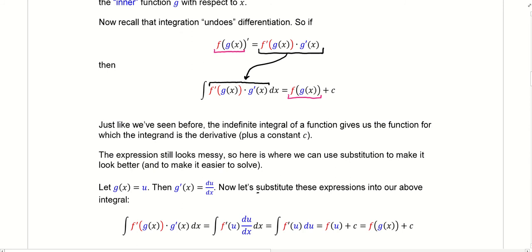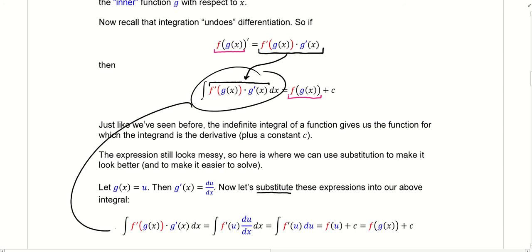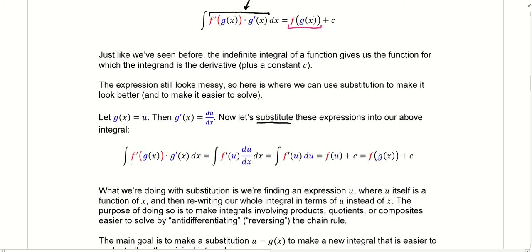Now this is where we do our substitution. We substitute these expressions back into this integral. So this integral, I'm just re-expressing down here exactly the same thing. The integral of f prime of g of x times g prime of x.